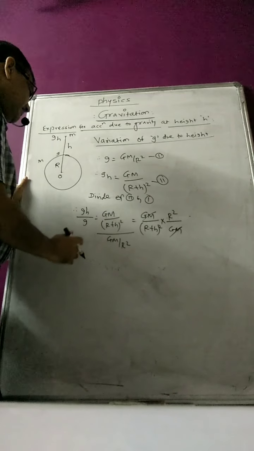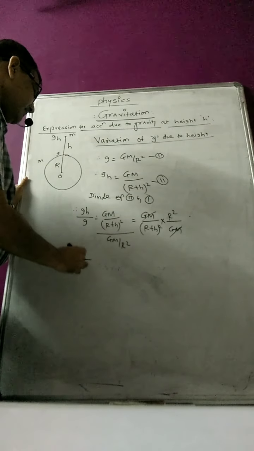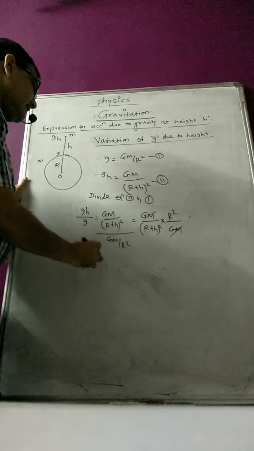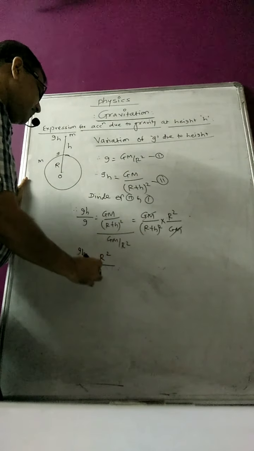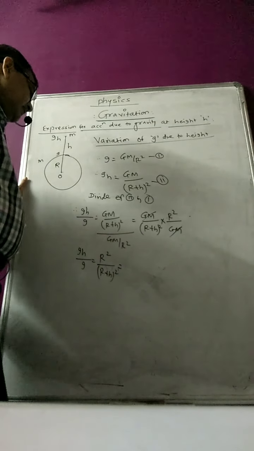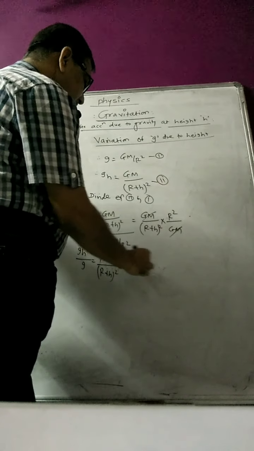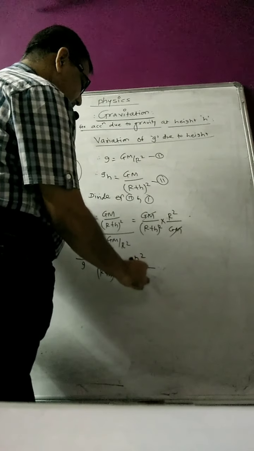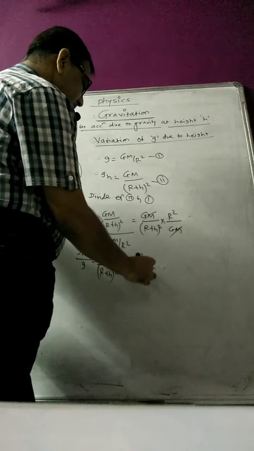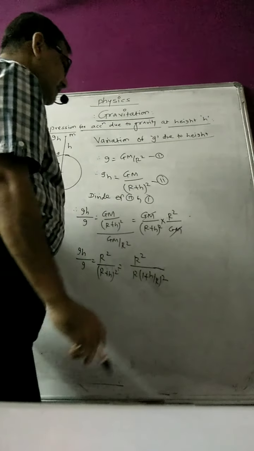So therefore, acceleration due to gravity at a particular height h is R square upon (R plus h) bracket square. That is equal to R square upon R square into (1 plus h by R) square. I will proceed further with this equation.